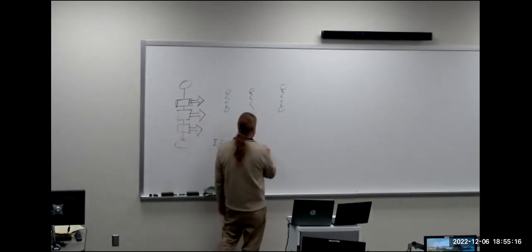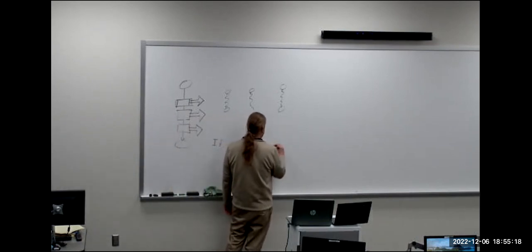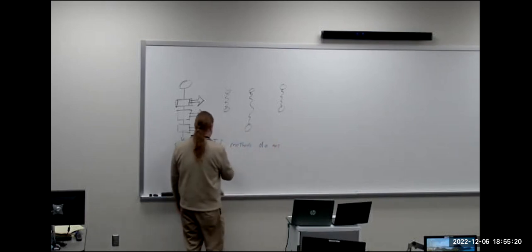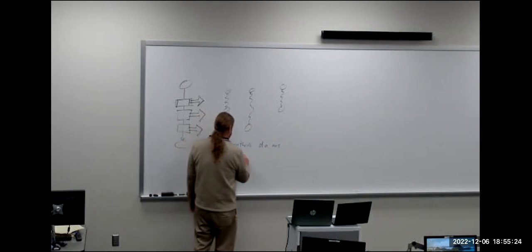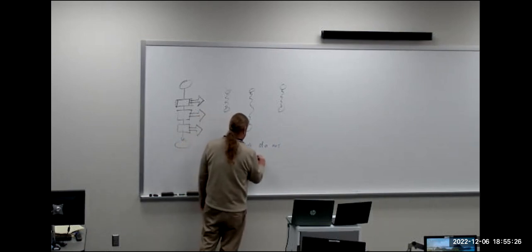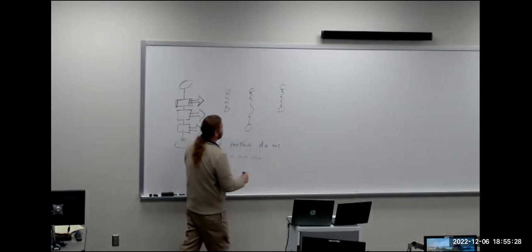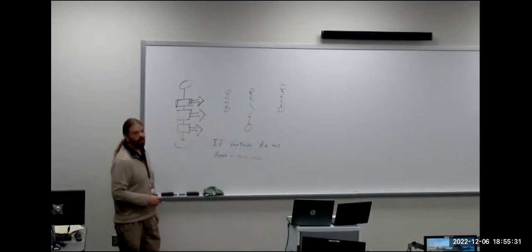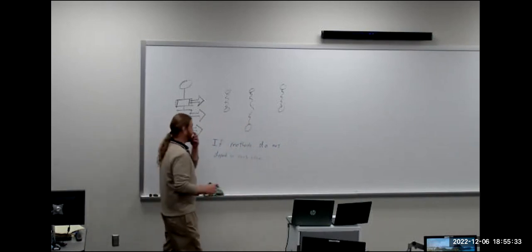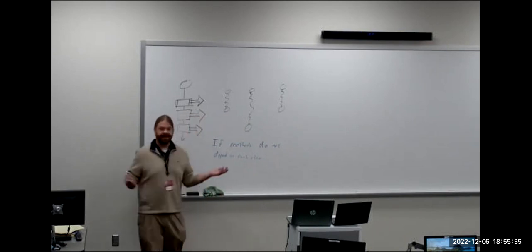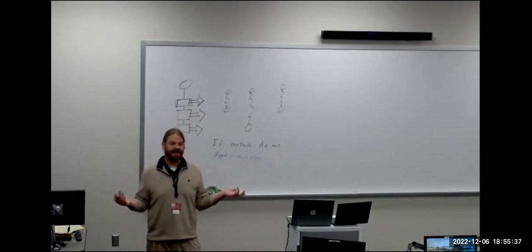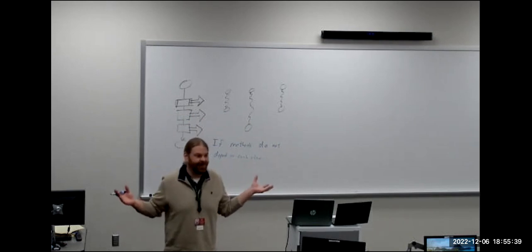If methods do not depend on each other, we can have the computer jump between them. We say run it, we talk about it simultaneously, but a machine can't do two things at once.